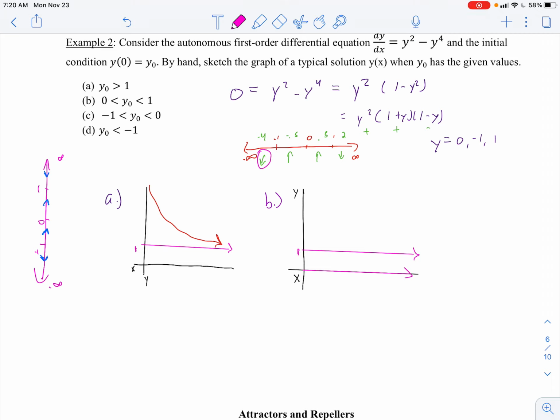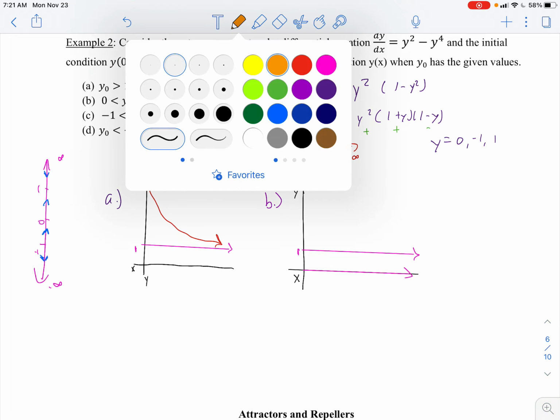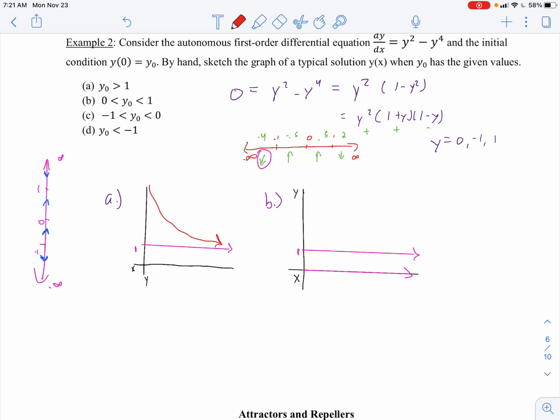Then what it tells me is that from 0 to 1, the graph is going to tend towards 1. So if we're between 0 and 1, then we'd start closer to 0, and then we'll end up at 1. So it looks something like this.